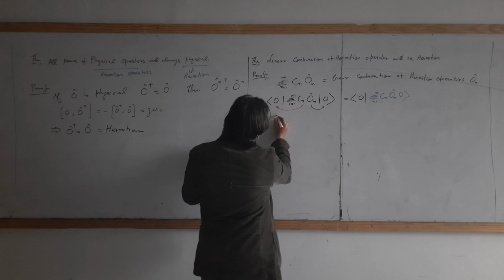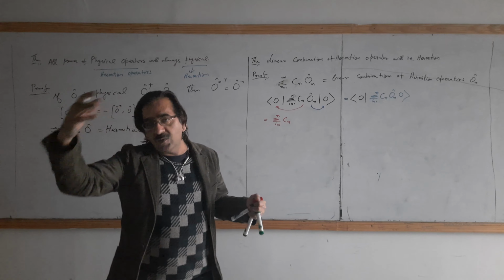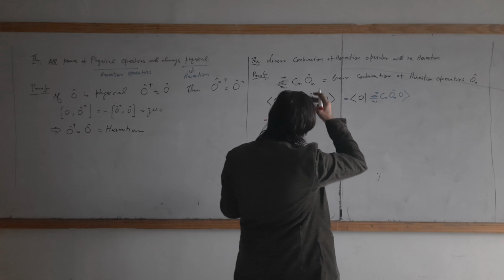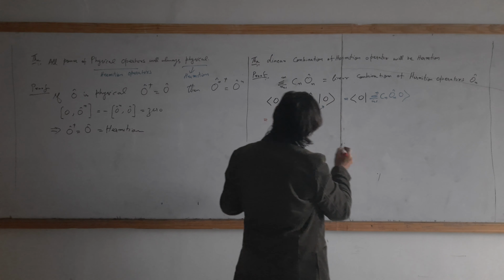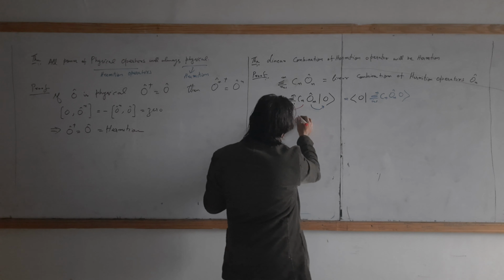The sum for i equal to 1 to n, Cn means C1 O1 plus C2 O2.